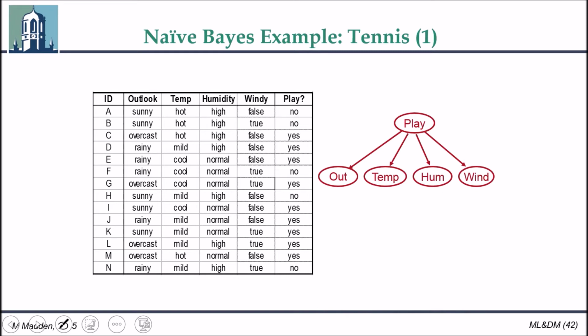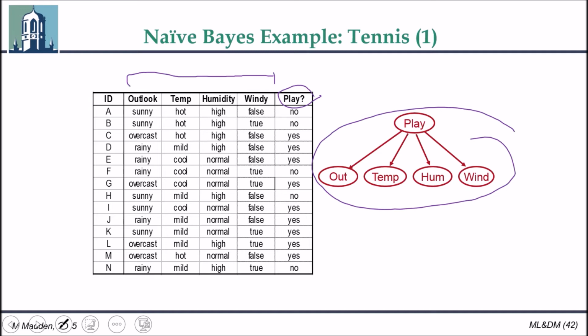If we are trying to determine whether we're going to play tennis and our independent variables are outlook, temperature, humidity and wind, then that implies always this is the structure of our naive Bayes classifier. So all we need to do is to estimate the probabilities on each one of these 4 arcs. And we're not going to use any Laplace smoothing, we're going to use simple frequency estimates.